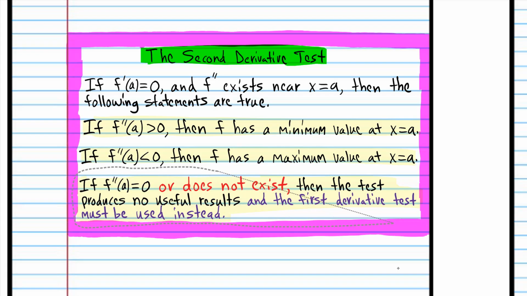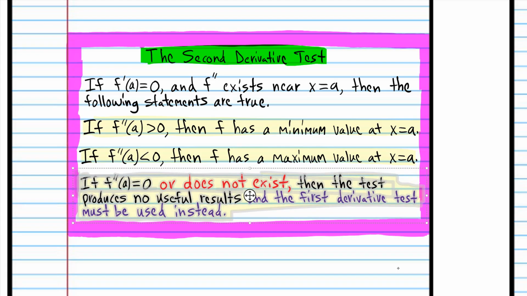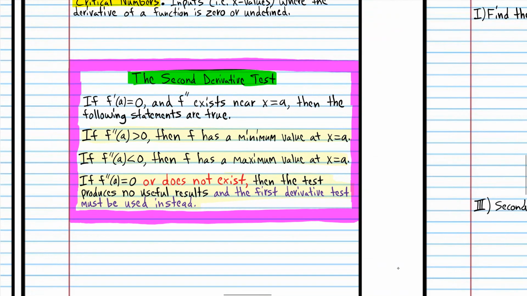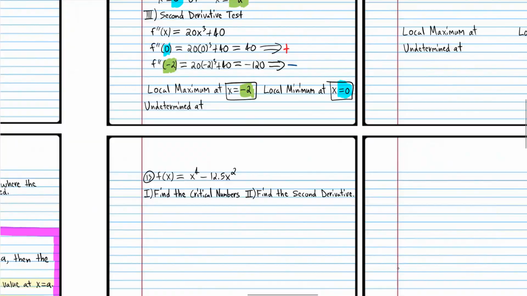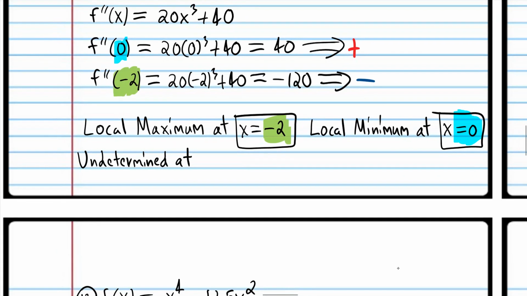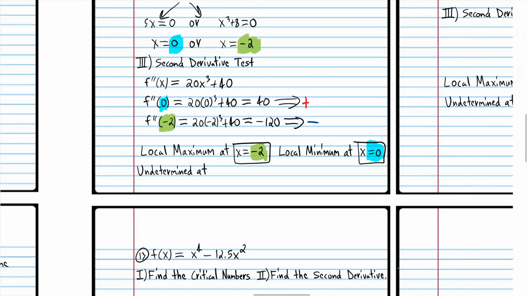So the second derivative test only works when the double derivative is actually defined, or if it's a non-zero number. Notice down here it says undetermined at. That's what you fill out when you have the situation where the double derivative is 0 or undefined.